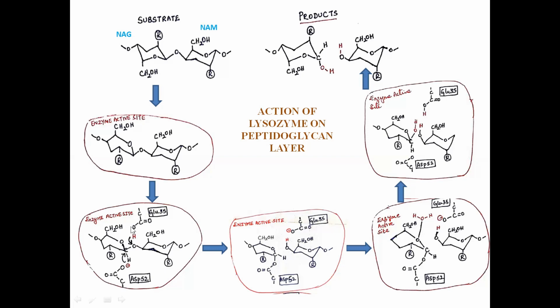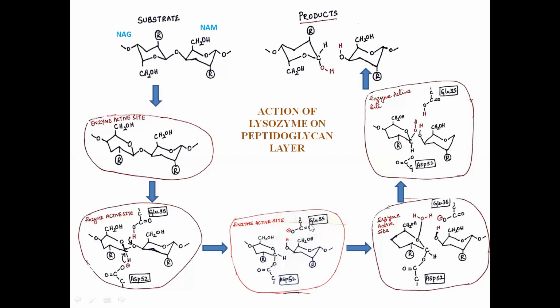Glutamate, at first, donates its proton to the NAM, and aspartate attacks the C1 carbon of NAG, and it forms a transient covalent bond with the NAG.